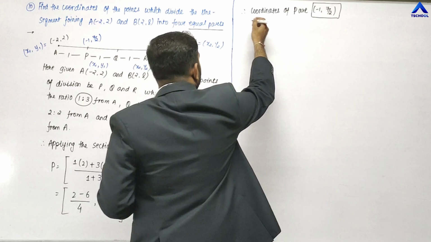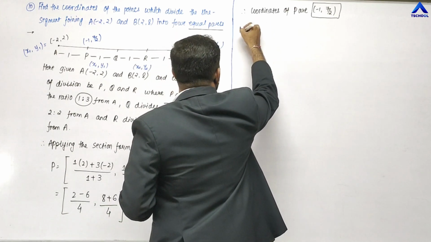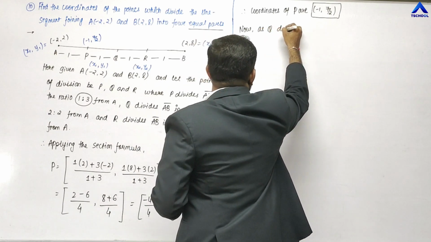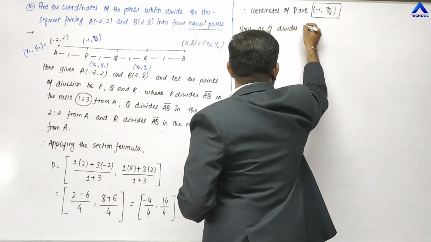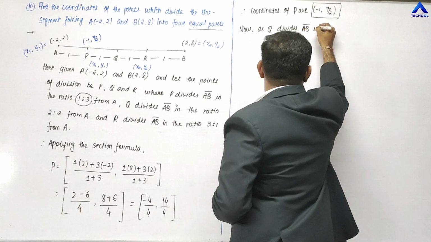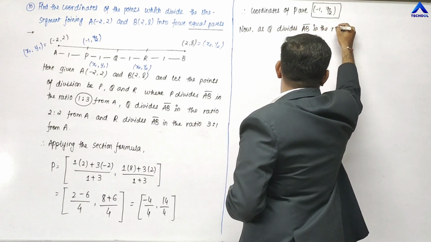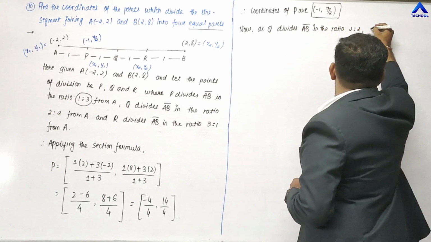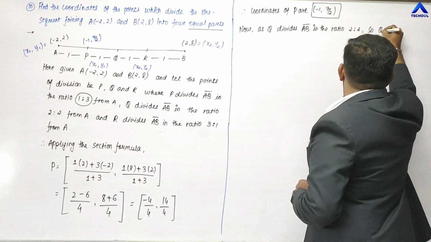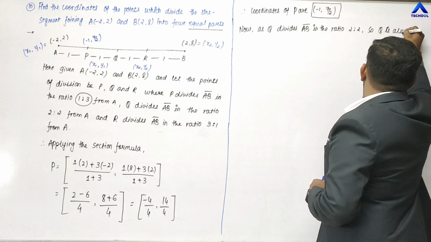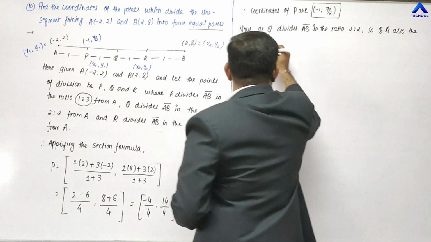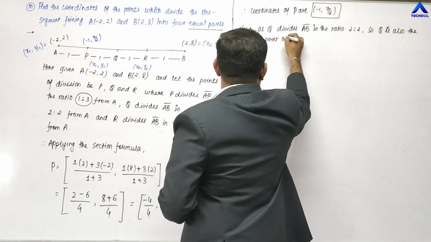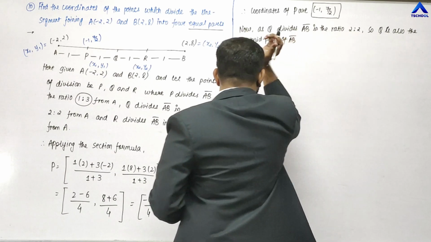Now finding out the coordinates of Q. As Q divides line segment AB in the ratio 2:2, Q is also the midpoint of line segment AB.